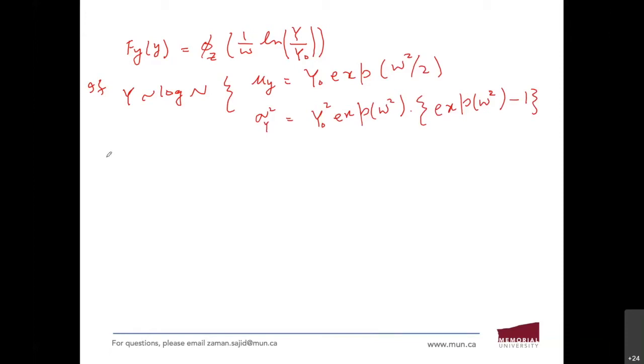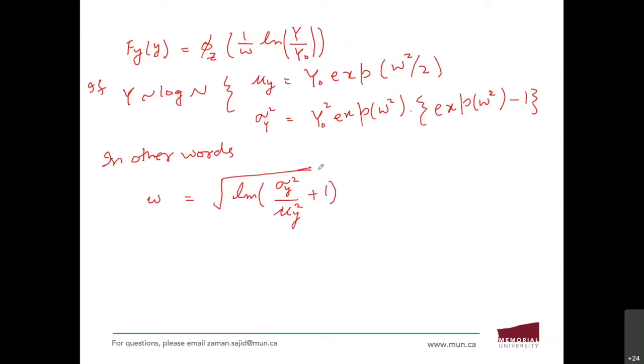Or in other words, I can say my w, which is the standard deviation here, is the square root of natural log of sigma y square over mu y square plus 1.